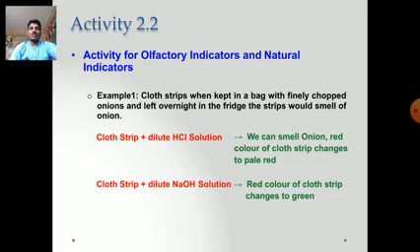Cloth strips plus dilute HCl solution: we can smell the onion. The red color of the cloth strips changes to plain red. With cloth strips plus dilute NaOH solution, the red color of the cloth strips changes to green.